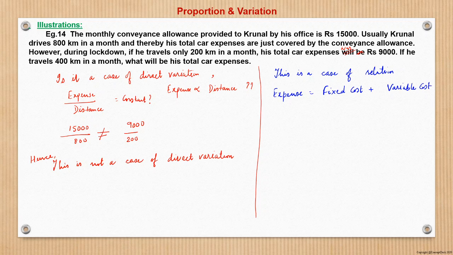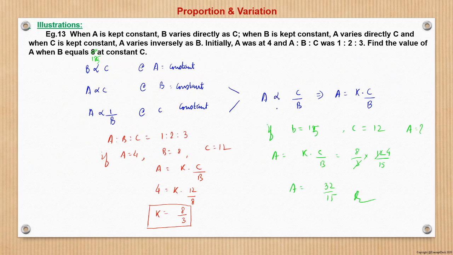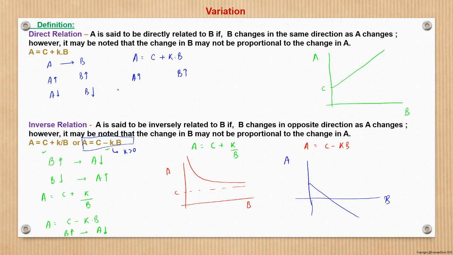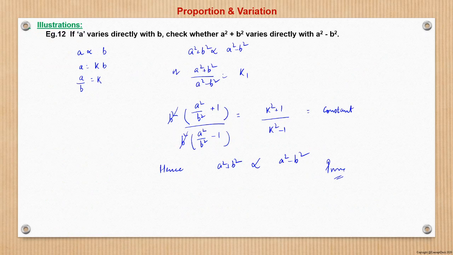Because it's not a case of direct variation, as we see. So it must be a relation of the form A is equal to C times B plus some constant, where C is a constant and A and B vary.